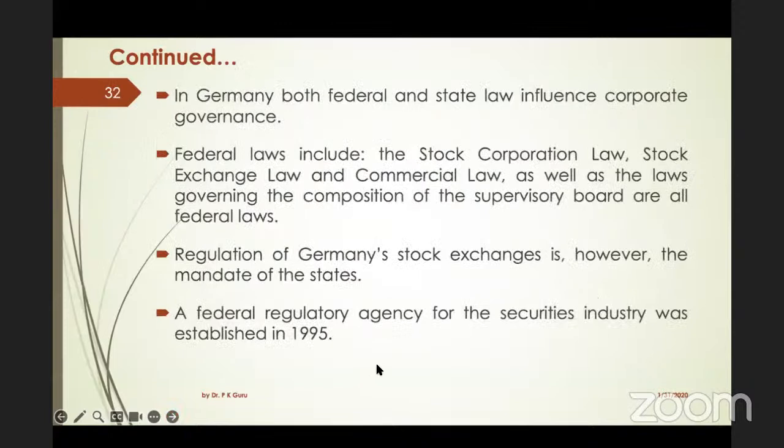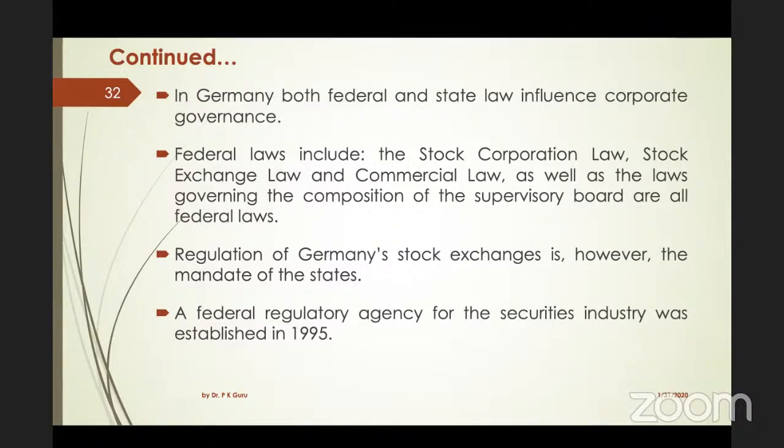In Germany, both federal and state law influence corporate governance. In the US model, we have seen that a company is registered under state law. In India, it is central law. But in Germany, both state and central law can influence corporate governance.